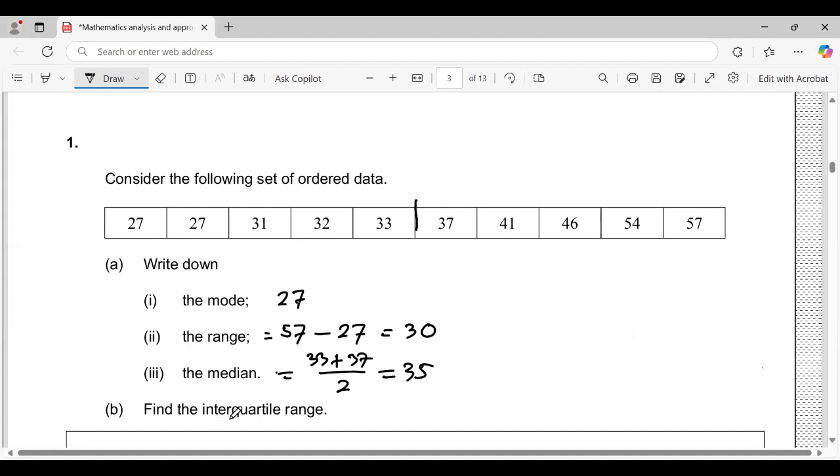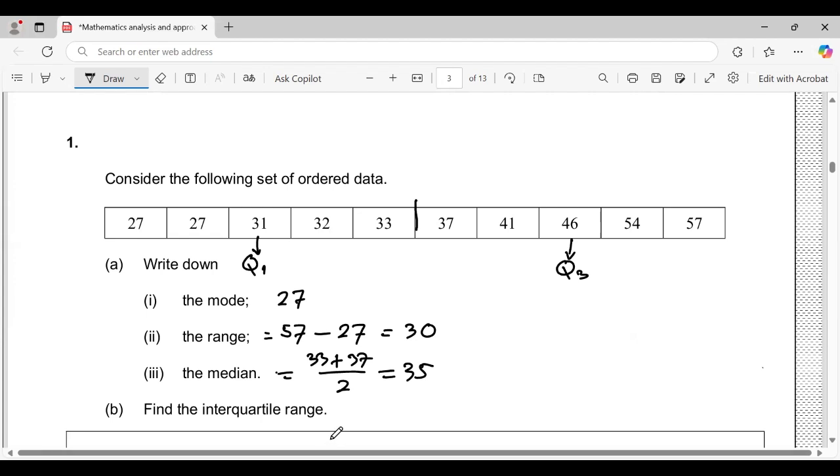Find the interquartile range. So we need to determine first the Q1 and Q3. This is the Q1, or the first quartile, and this is the third quartile.